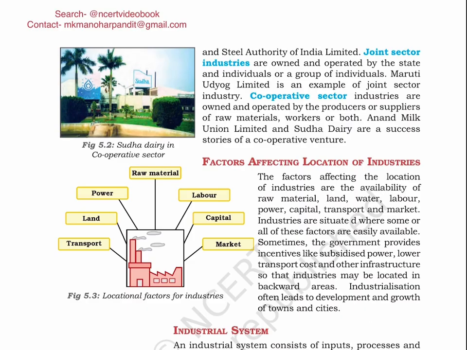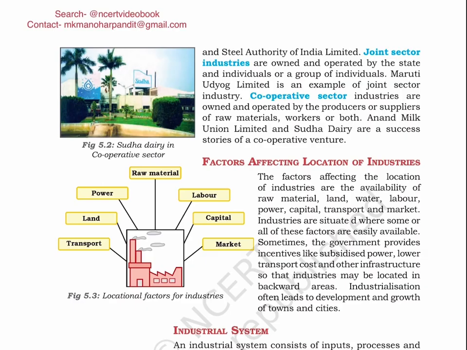On the top left side, there is an image of Sudha Dairy in cooperative sector, which is numbered as figure 5.2. Factors affecting location of industries. The factors affecting the location of industries are the availability of raw material, land, water, labor, power, capital, transport, and market.